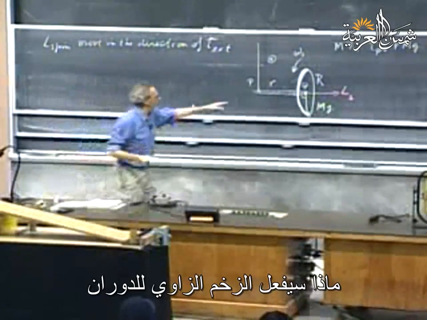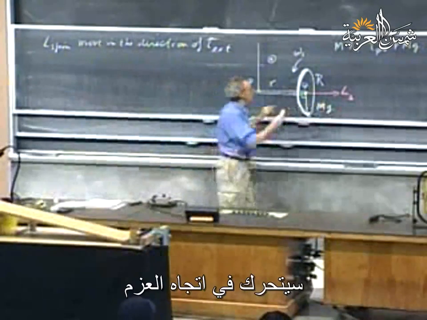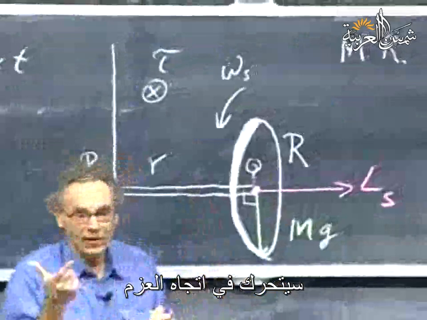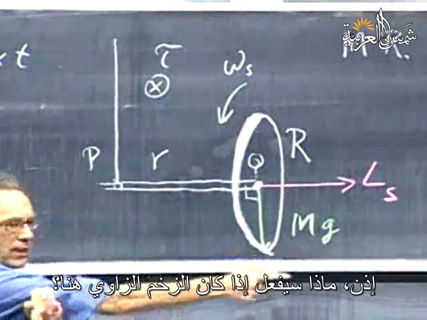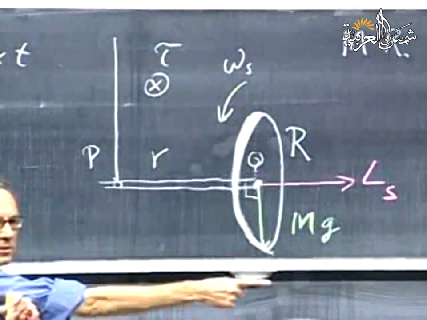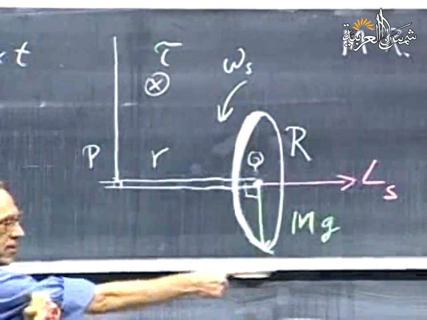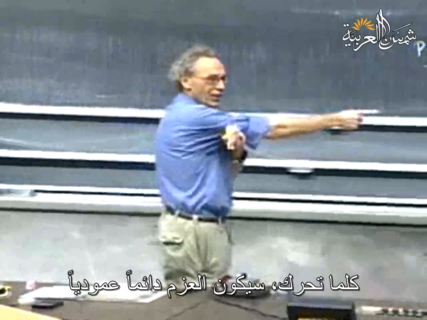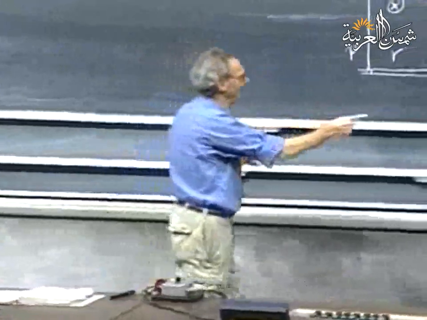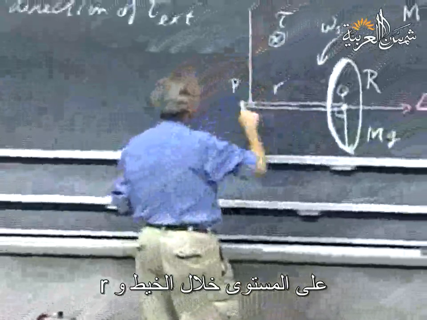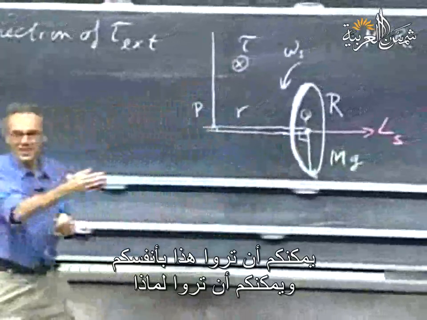What will the spin angular momentum do? It's going to move in the direction of the torque. It's going to chase the torque. So what will it do if the angular momentum is here? It will do this. And as it moves, the torque will always be perpendicular to the plane of the string and R. You can just see that for yourself.